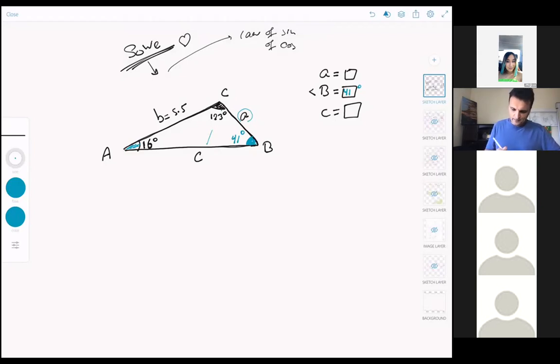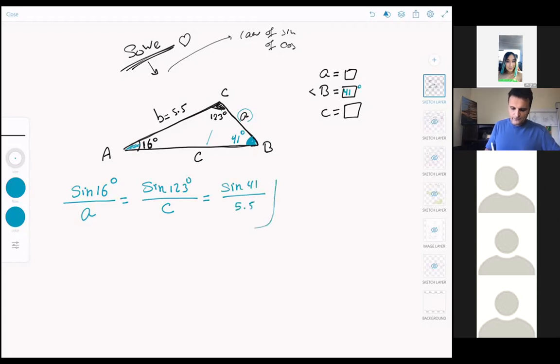Now let's see if Elizabeth is correct. We're going to say sine of 16 degrees over A equals sine of 123 degrees over C equals sine of 41 over 5.5.